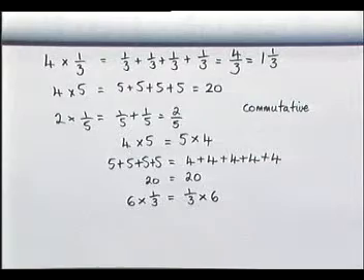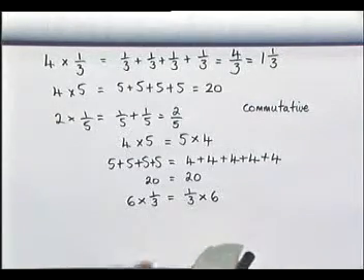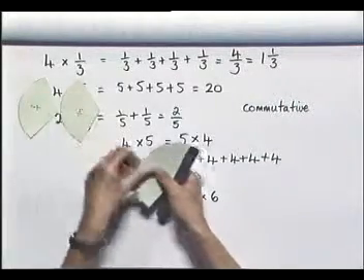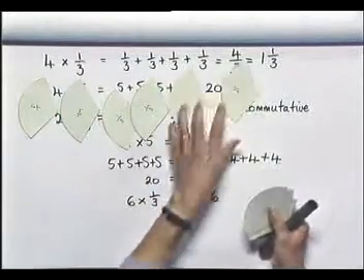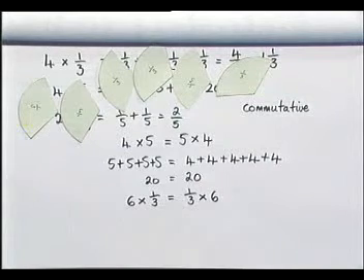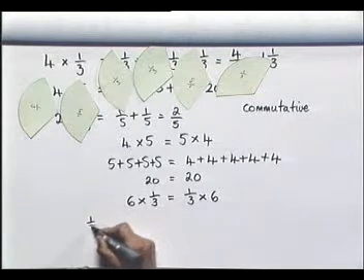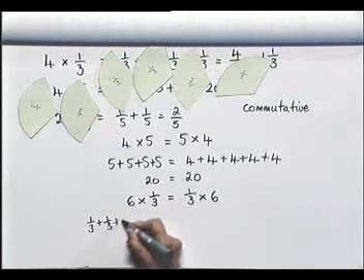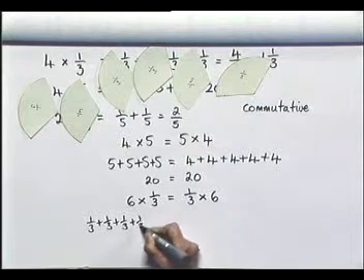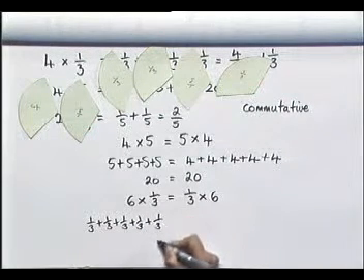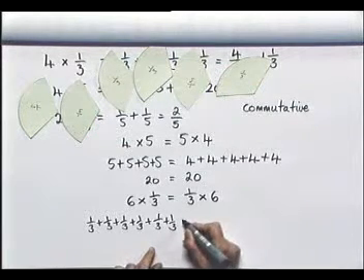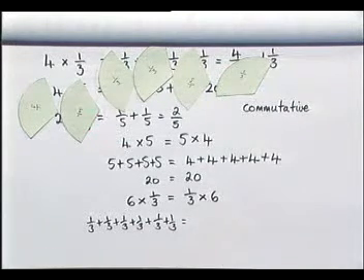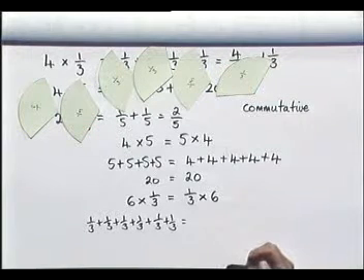Let's have a look what that means. 6 times 1/3. 1, 2, 3, 4, 5, 6. So there's our 1/3 plus 1/3 plus 1/3 plus 1/3 plus 1/3 plus 1/3. And this side, I've got 1/3 of 6.